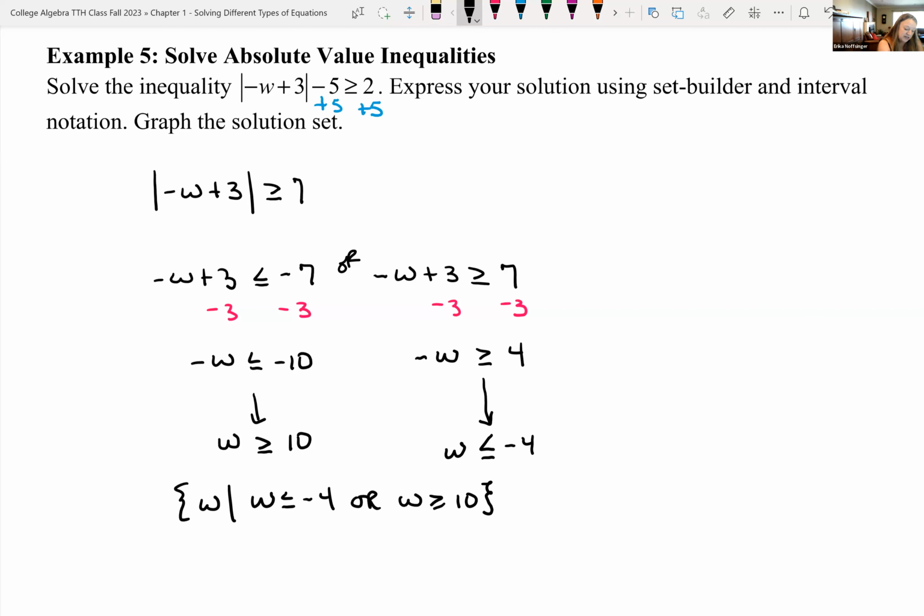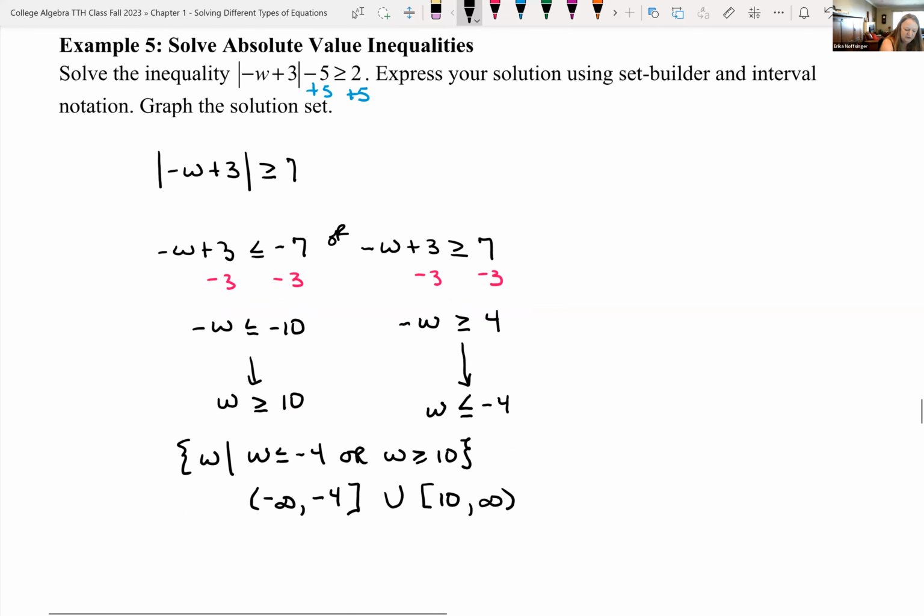So interval notation, I'm looking at everything coming from negative infinity, going up to -4 with a bracket. Union, I'm looking at everything from 10, including 10, so bracket 10 to infinity. So graphing our solution, locating -4 and 10 on your number line.